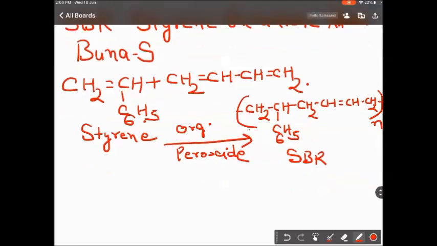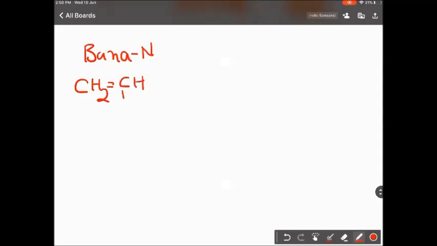Next, similar to this is Buna-N, or nitrile rubber. As in the previous case it was styrene, now instead of C6H5 we have a CN group here. So this N actually refers to nitrile.